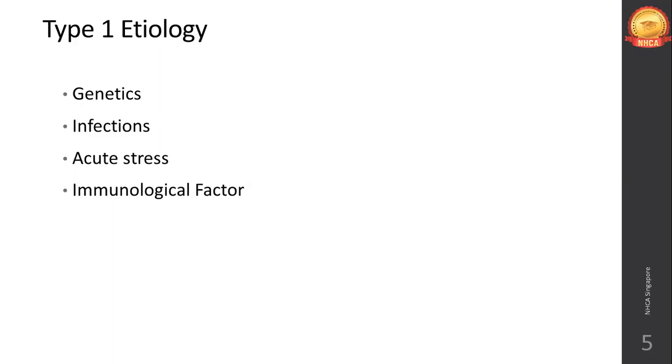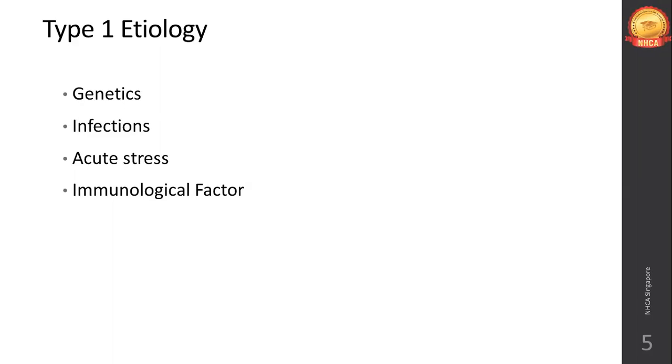But if you are always stressed, your body will always secrete these hormones, and your blood glucose levels will forever stay high. That can lead to type 1 diabetes.